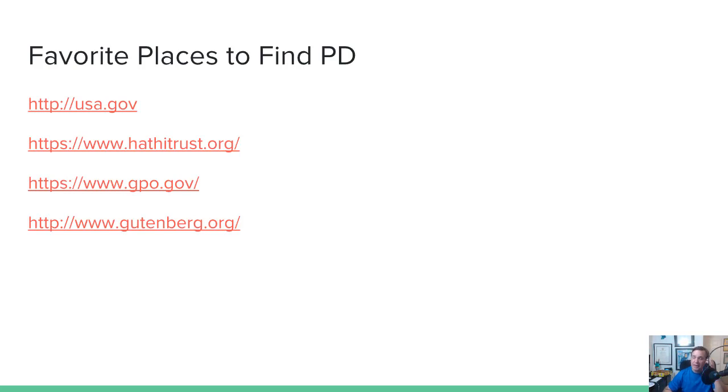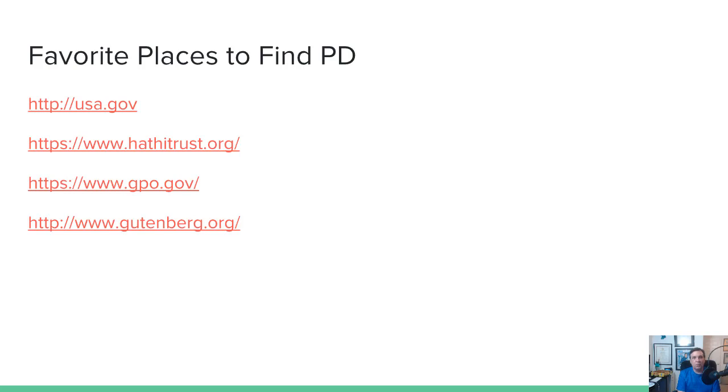So think about that. Now, what I like to do is sometimes find stuff on the GPO. Here's what will happen with the GPO. Because it is the Government Printing Office, they will have a book for sale, and it'll be like a $70 book or a $60 book, some expensive hardbound book that I'm interested in.